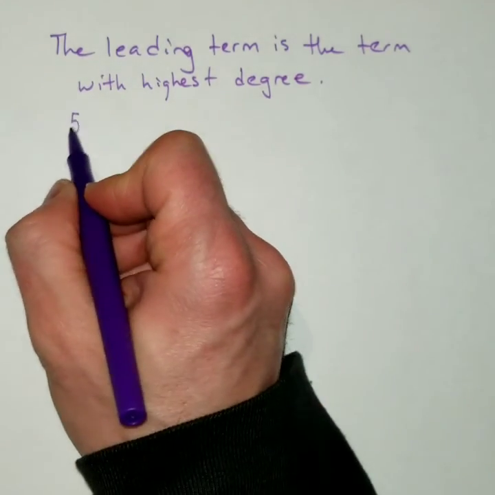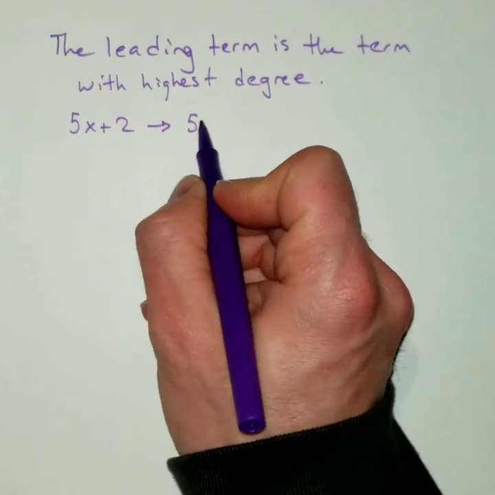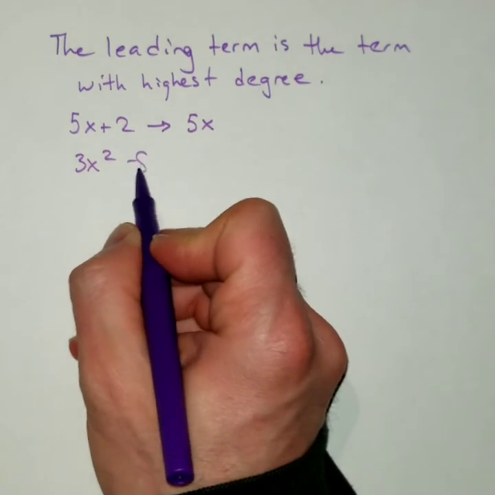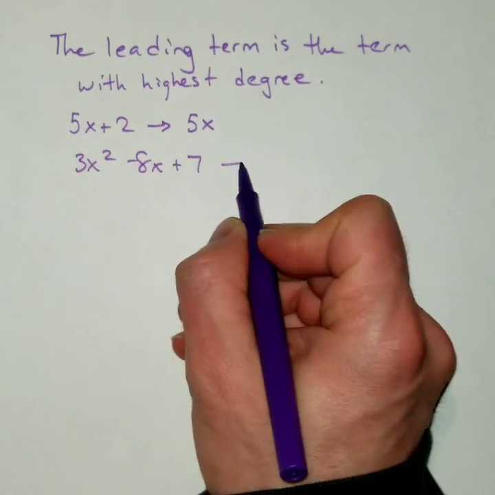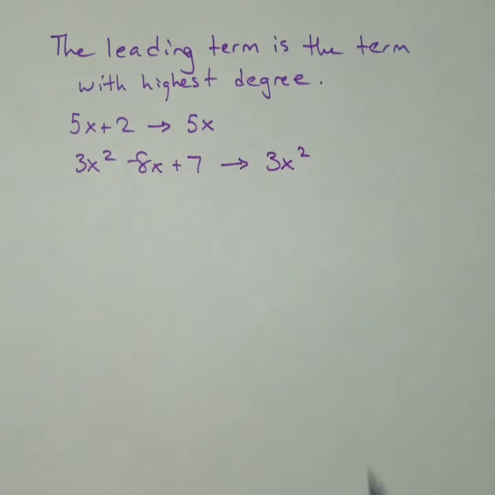So for 5x plus 2, the leading term is just the 5x. For 3x squared minus 8x plus 7, the leading term is just the 3x squared. It has the highest degree.